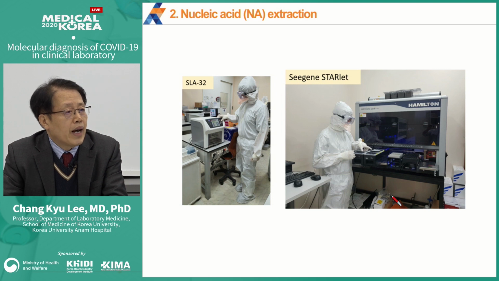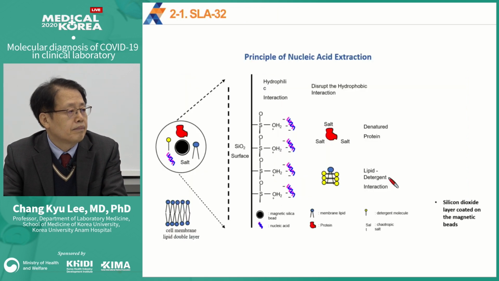Laboratory workers handling COVID-19 specimen should wear level D equipment. SLA32 is a small device compared to Starlet. SLA32 has magnetic silica beads which are coated with silicon dioxide.